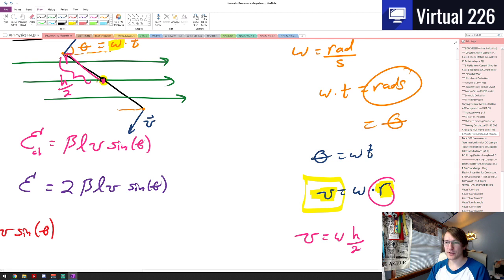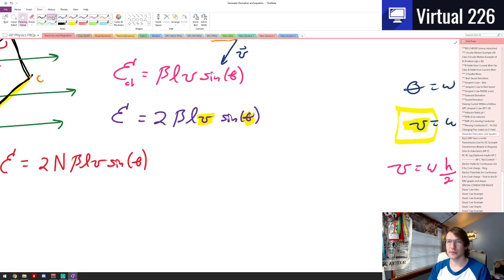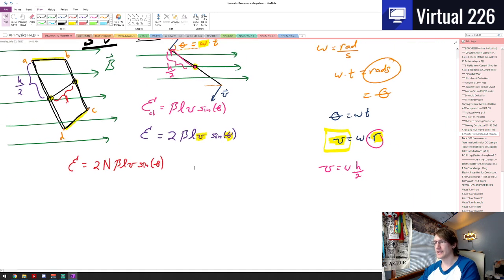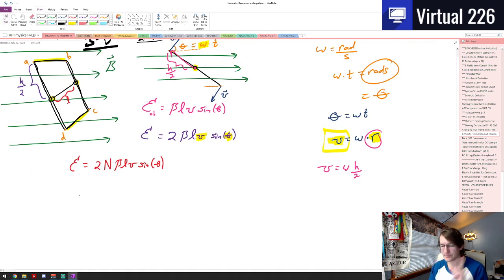Well, it matters because I've got a velocity in here, and I want to get rid of that. I want to start talking about things in terms of rotational quantities, and I've got this theta in here, which is a rotational quantity. So if I take my red equation and the ideas that we just incorporated here, I can say the following. I can say that the EMF generated is 2NBL, and then let's be a little careful here.